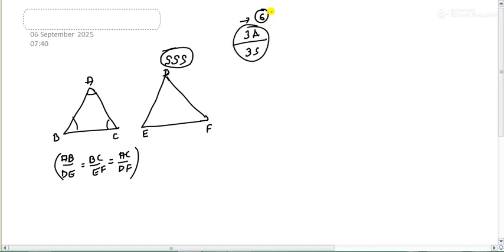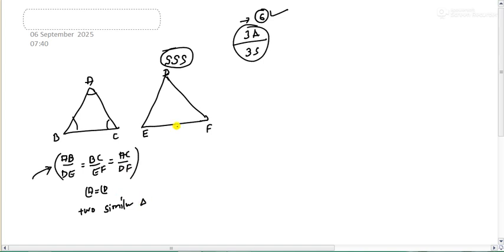But out of these 6, if we have only these 3, like their corresponding sides are proportional, then automatically their corresponding angles will be equal, and hence these two triangles are similar.